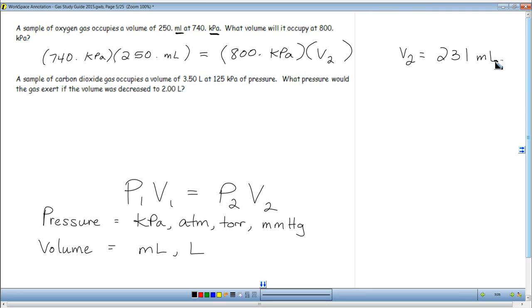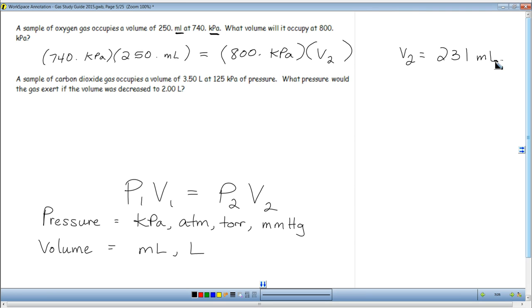Now the other thing I like about these gas laws is that you can see if your answer is reasonable. The pressure increased. I went from 740 kilopascal to 800. If I increase the pressure, I should decrease the volume. So I'm looking for something less than 250.